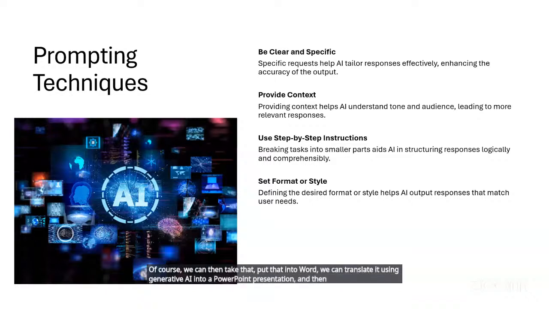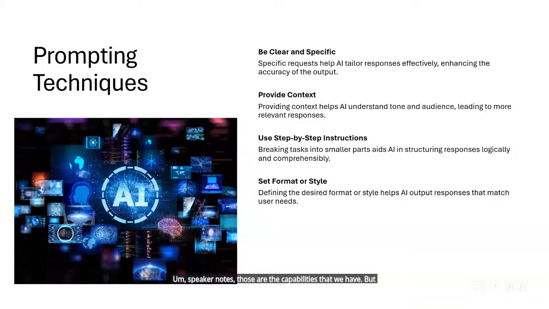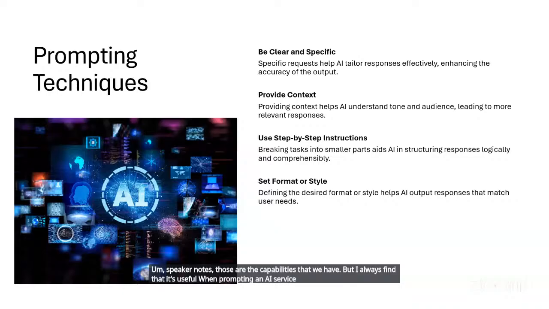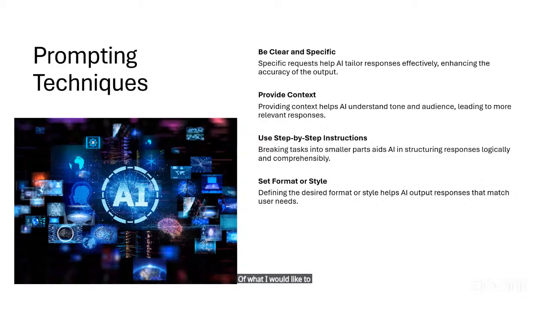And then we can use the generative AI capability in PowerPoint to add images to slides, to insert more slides, to insert speaker notes. Those are the capabilities that we have. But I always find that it's useful when prompting an AI service to give examples of what I would like to receive. Okay, and role play.